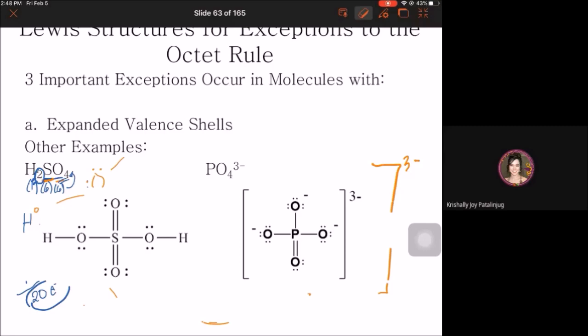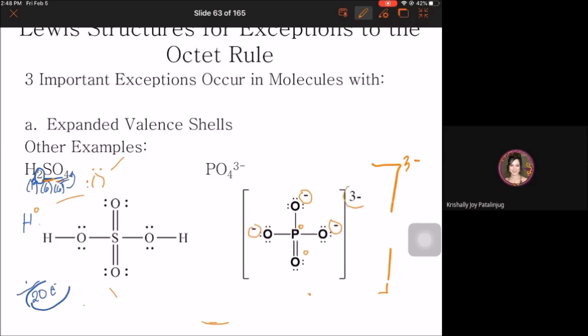So 0 charge for phosphorus, 0 charge for the bottom oxygen. Then of course we have no choice, the rest of the 3 surrounding oxygen atoms in phosphate must have formal charges.